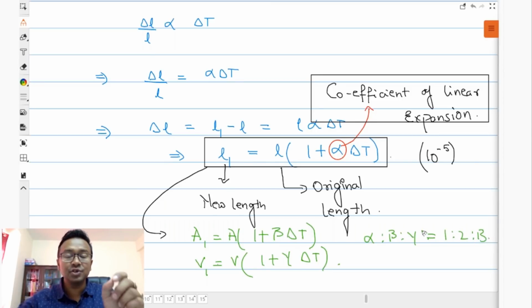So there's a relation between a material's coefficient of linear expansion, coefficient of superficial expansion, and coefficient of volume expansion.